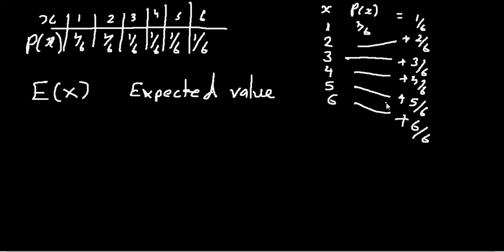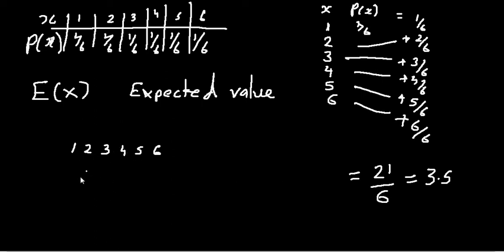And then all of these values, if I add them all up, I get 21 by 6. So the expected amount of money you'd get is 3.5 pounds. Because if you did get 1, 2, 3, 4, 5, 6, that will average itself out to 3.5 pounds per turn.